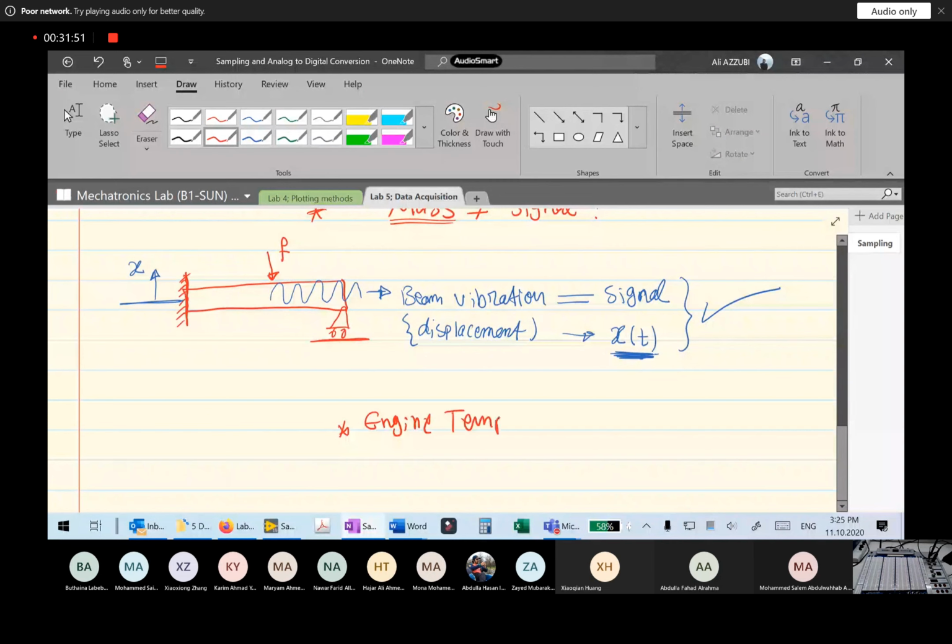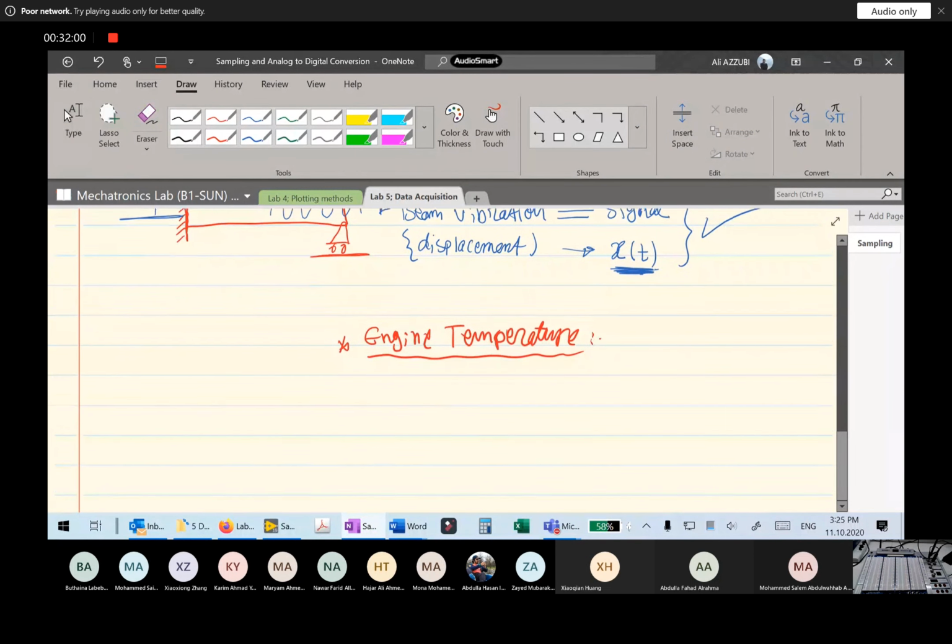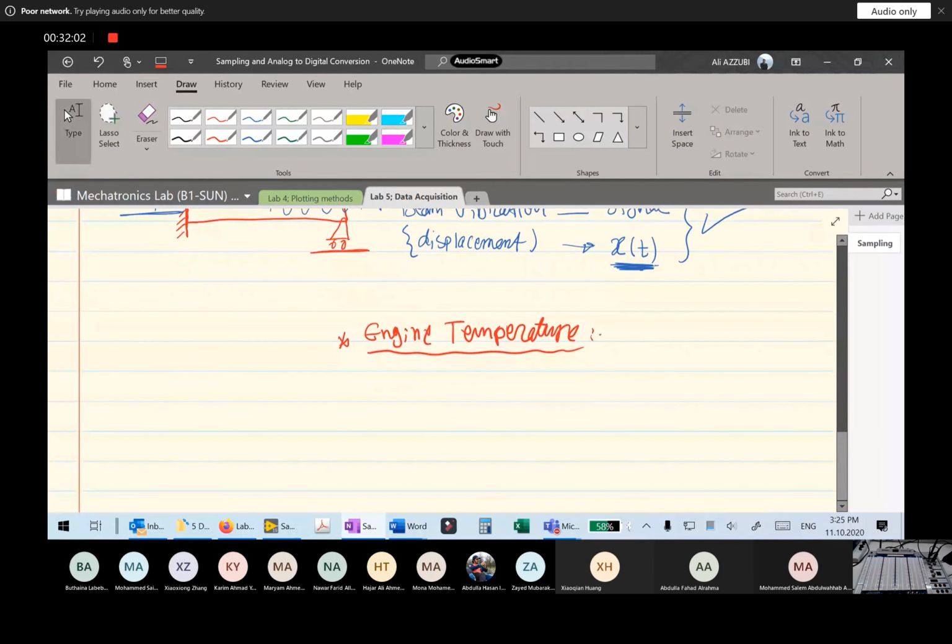If your temperature is dynamic, then I consider it a signal. Say I'm measuring T engine as a function of time.